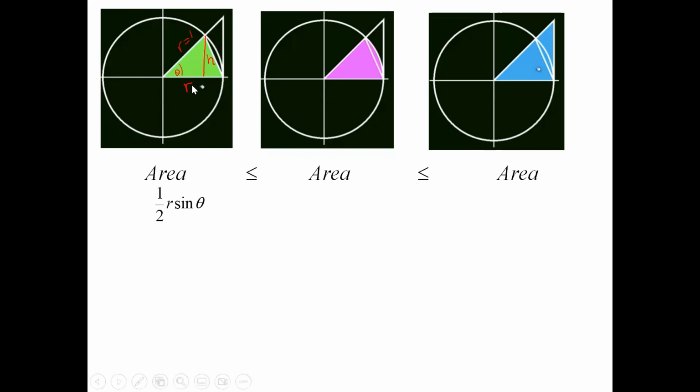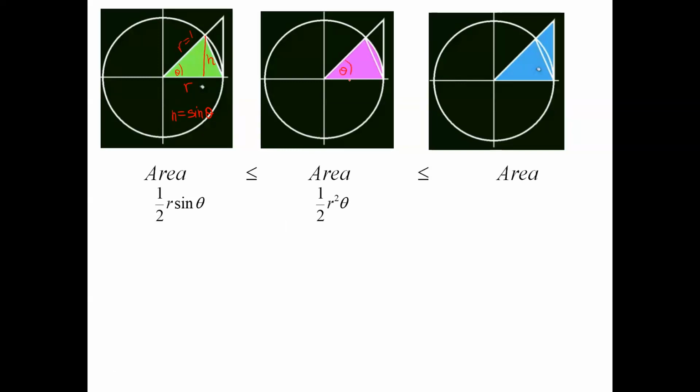Of course, this r is also 1, but I will change this later. So sine theta is h over r, r is 1, so it is h. That means this is 1/2 base times height. Now, the area of the sector, as we remember from pre-calculus, is 1/2 r squared theta.